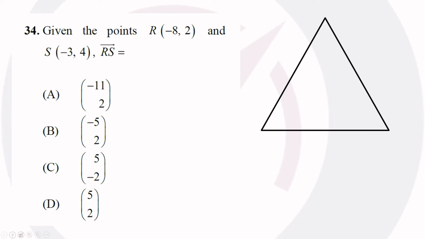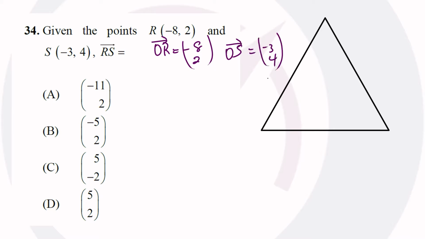Let's look at question 34. So we have the point R (-8, 2) and the point S (-3, 4). Find what RS is. We can just write them as position vectors in column vector form. So vector OR is (-8, 2) and vector OS is (-3, 4).